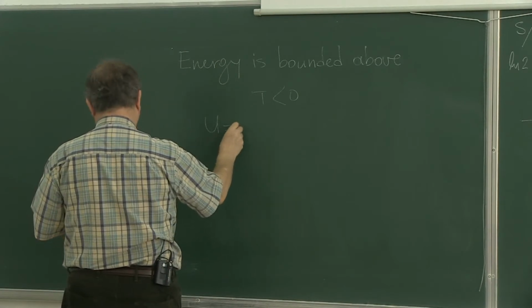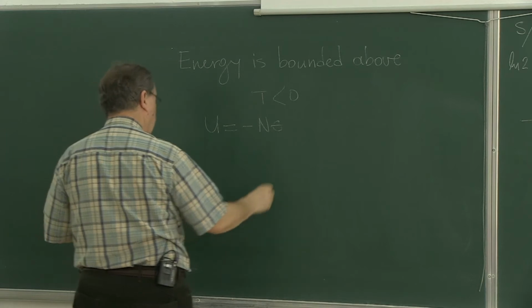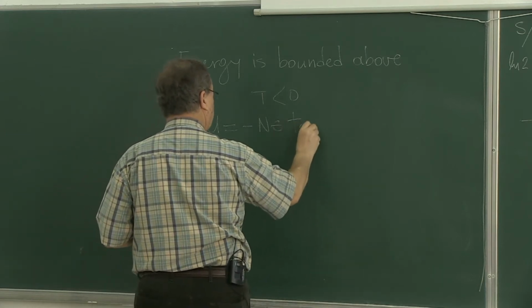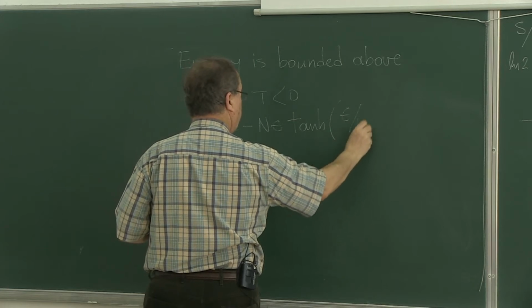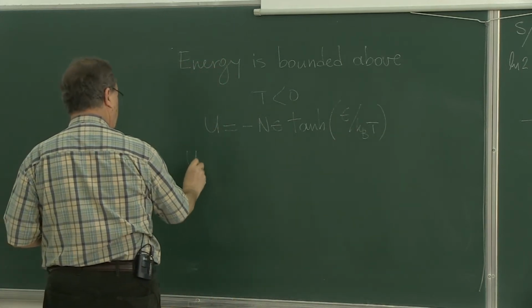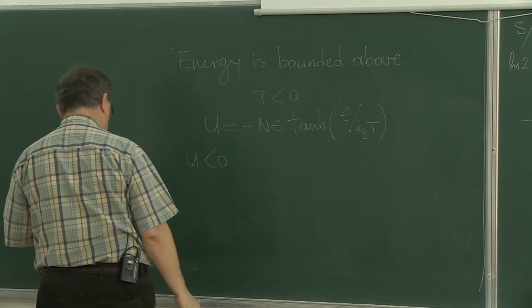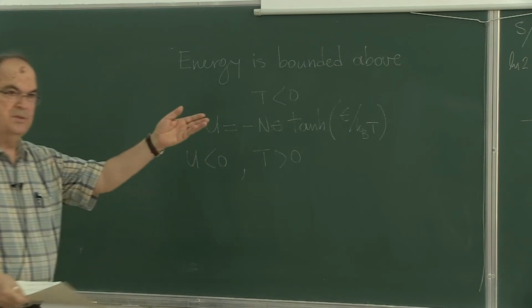Let's check that. First, recalling what the energy is: tangent hyperbolic E over kBT. Now, if U is negative, then T is positive. That's what we have seen.